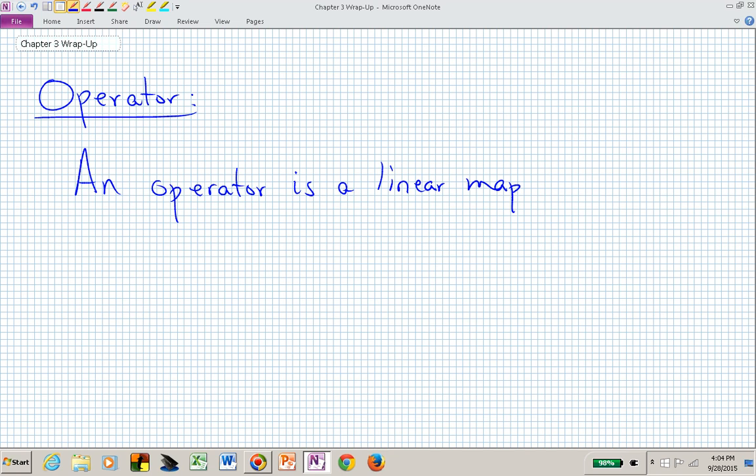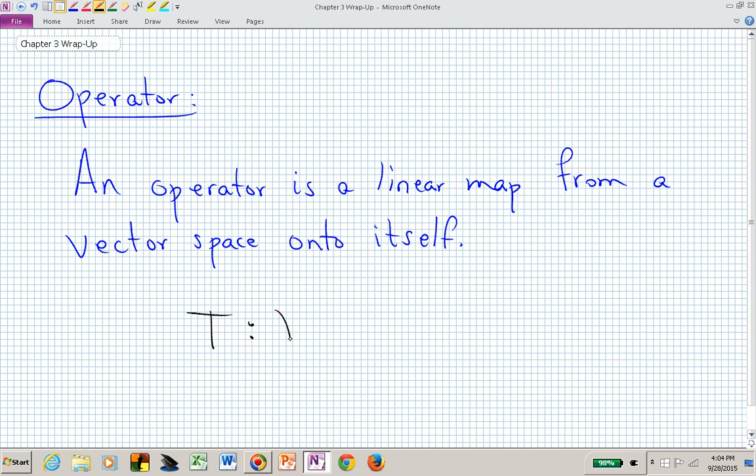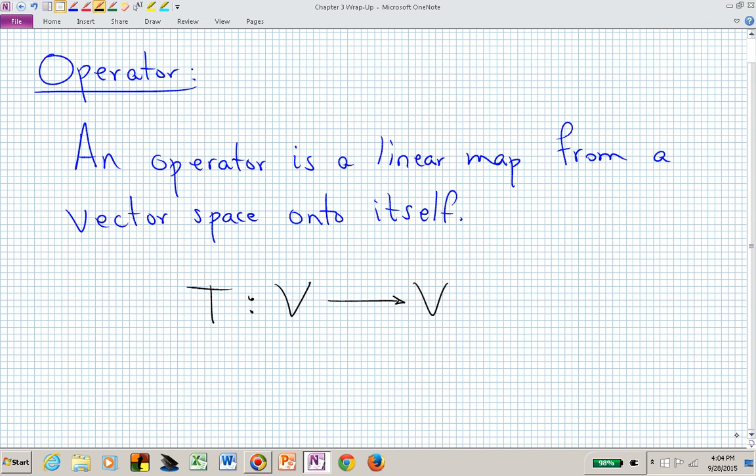An operator is a linear map from a vector space onto itself, meaning we have a linear map T whose domain is a vector space V and whose codomain is also that same vector space V.